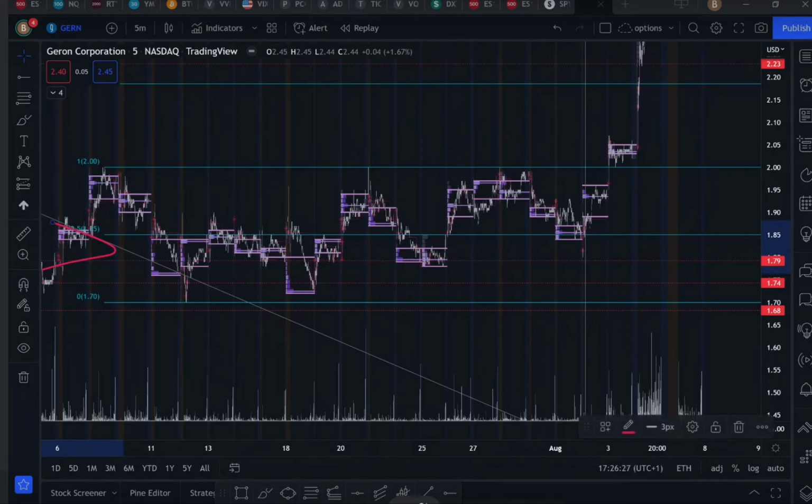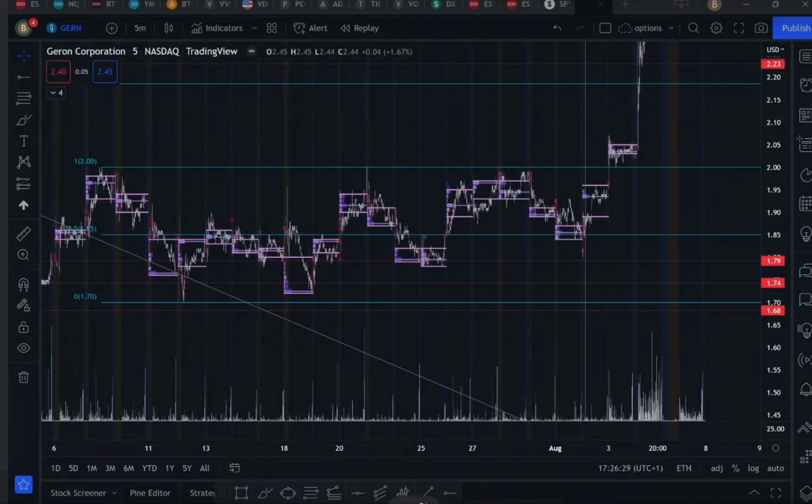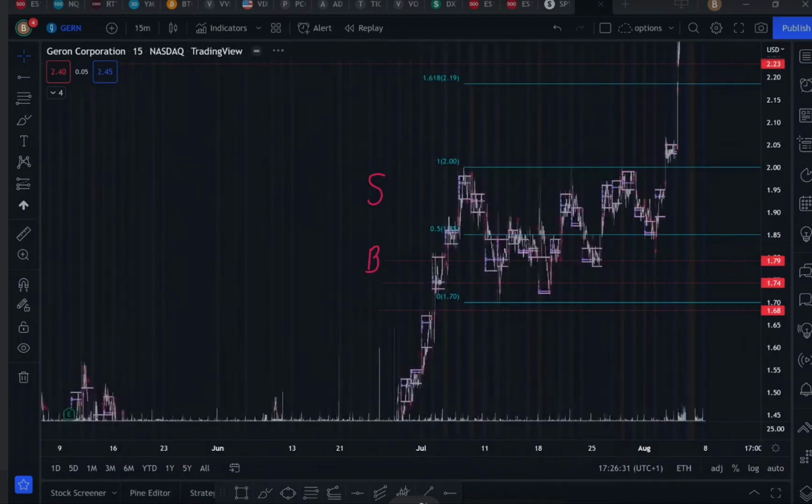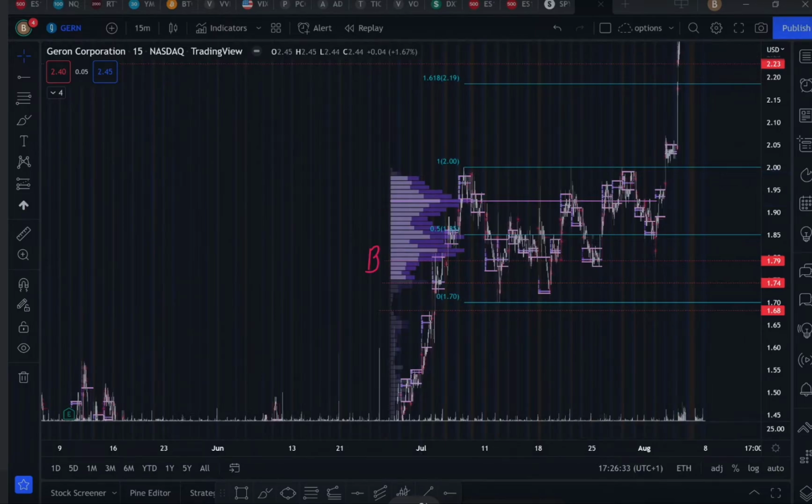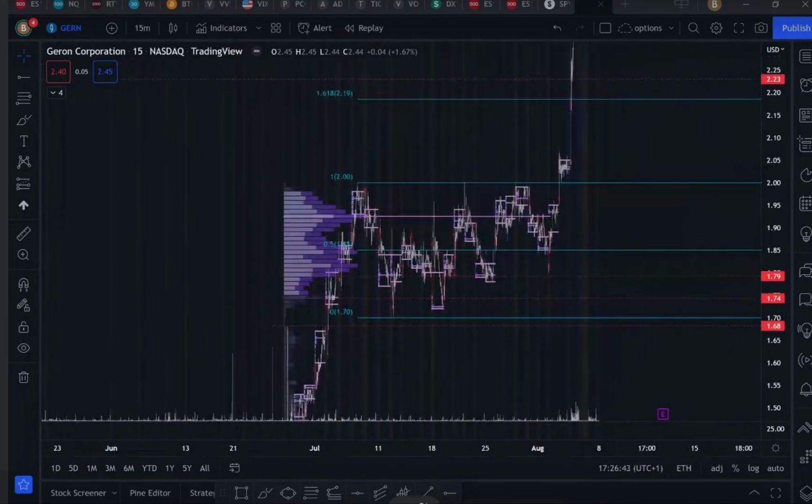These moves are basically, the only reason I trade them is because I don't want to sit in front of my screen the whole time. I want something that's going to make me a good amount of money without trying very hard. Or only really trying before I get in, and then I can go and watch TV.